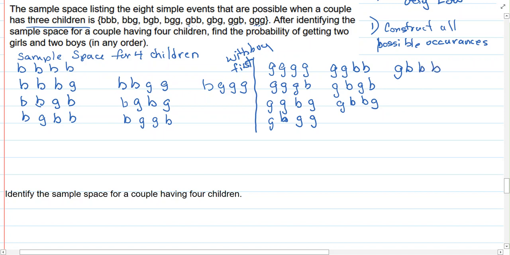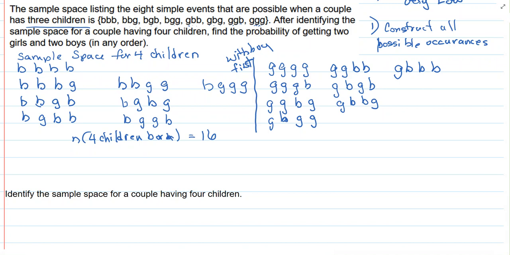All right. So how many is a sample? All right. So we've got 4, 7, 8, 4, 7, 8. So we have a total of 16. Okay. So now that we have that, we're going to answer the next question.